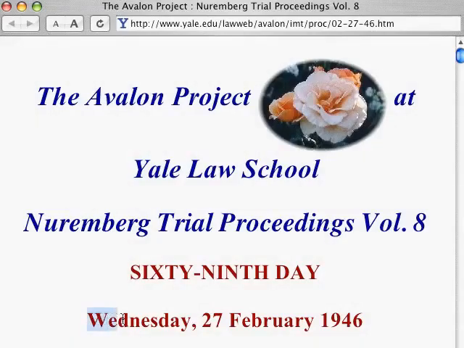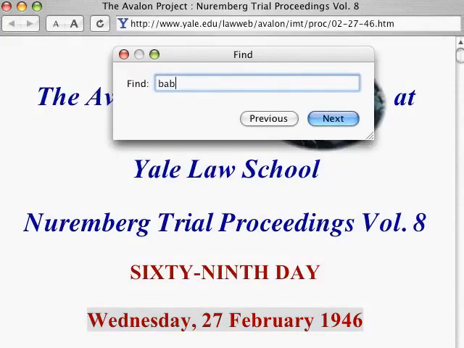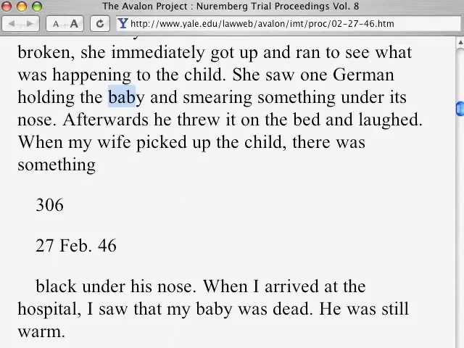We happen to be on February 27, 1946, because that's the day Samuel Rosman testified. But while here, let's do a keyword search on BAB to pick up the word baby and babies. And we see an example of another alleged eyewitness describing a German soldier killing a baby and laughing.